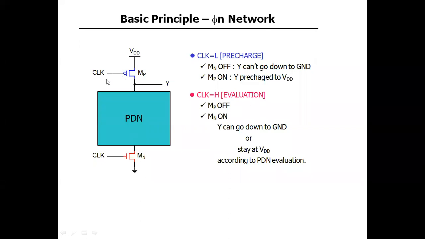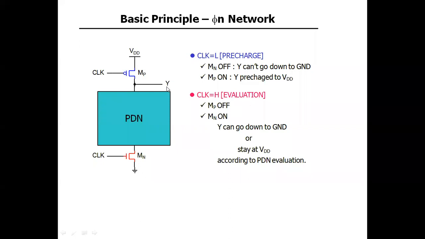And when the clock goes high, for evaluation, then what happens? Now this part will be an open switch and this part will be a closed switch. Now in this case, Y can go down to ground or stay at VDD according to the PDN evaluation, right?